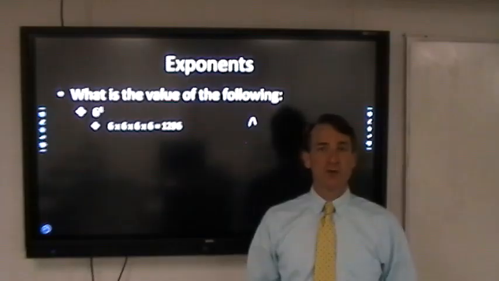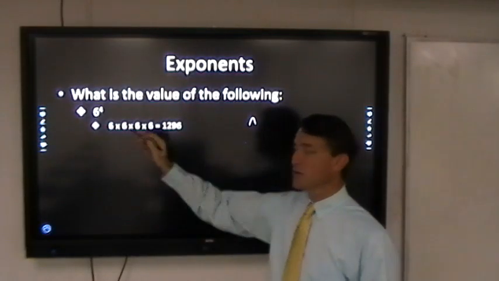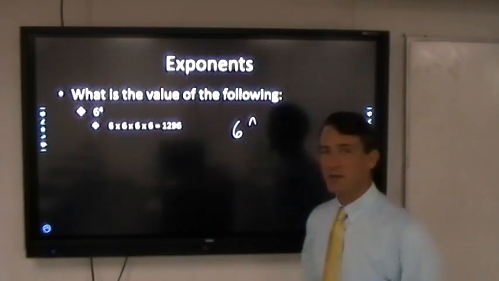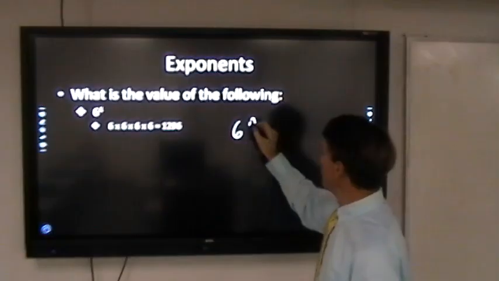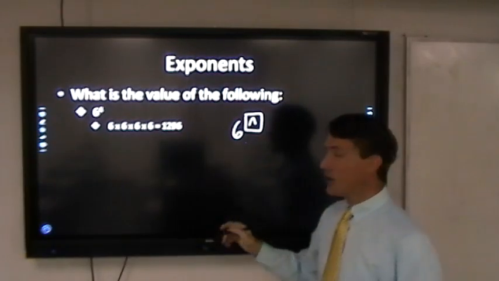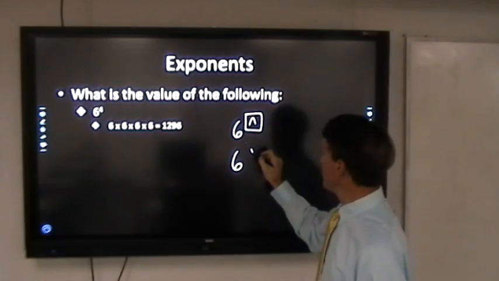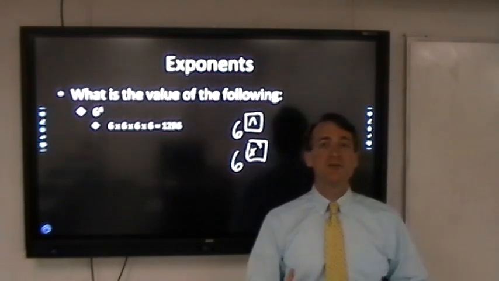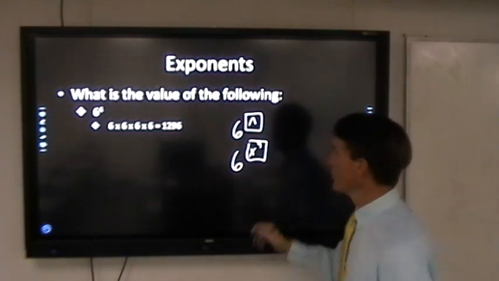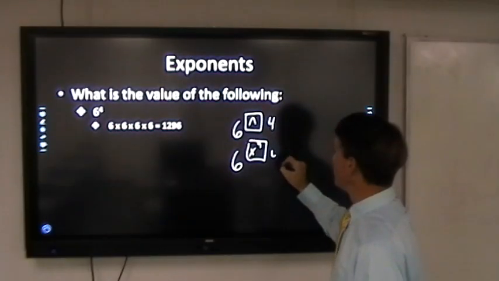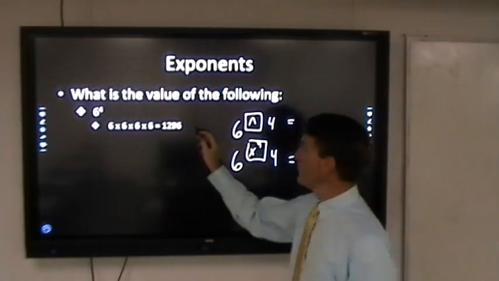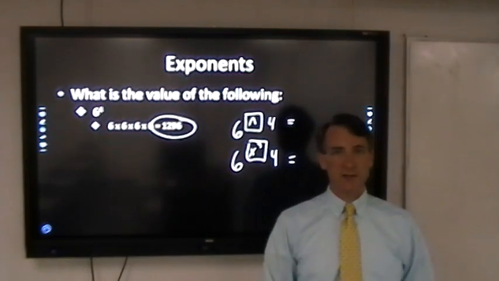So if you have one of those calculators, the way you would enter this is you would first type in the base of 6, hit the caret key, or the x to the y key, and then you type in the exponent, in this particular case 4. And when you hit equals or enter, it should come up with a value of 1296.